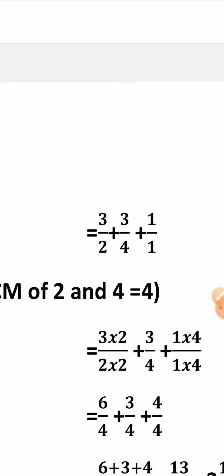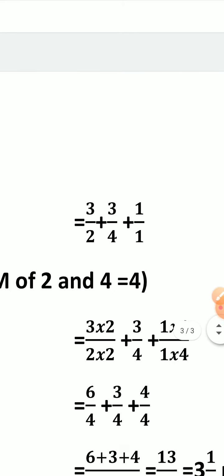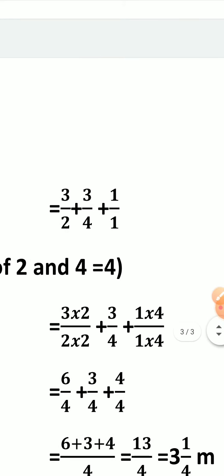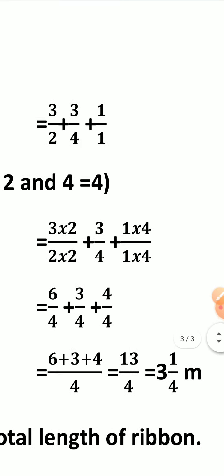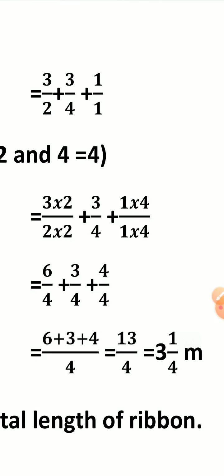So 6 by 4 is the first fraction. 3 by 4 is the second fraction. And 1 by 1. So we multiply denominator 1 by 4 to get it as 4. So numerator also multiplied by 4. Now it is all converted into like fractions. Easily you can add. 6 plus 3 plus 4, 6 3 is 9 plus 4 is 13 by 4.